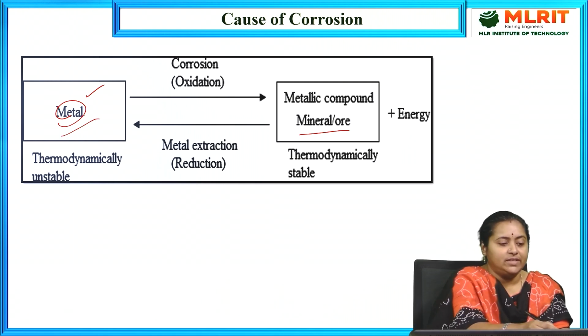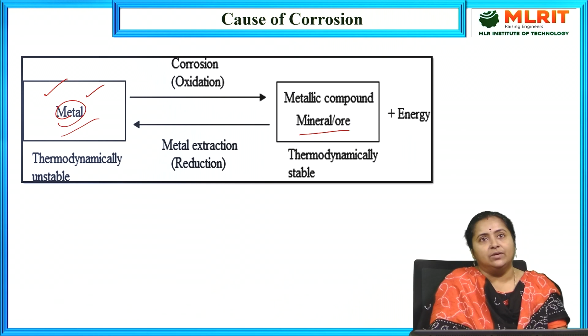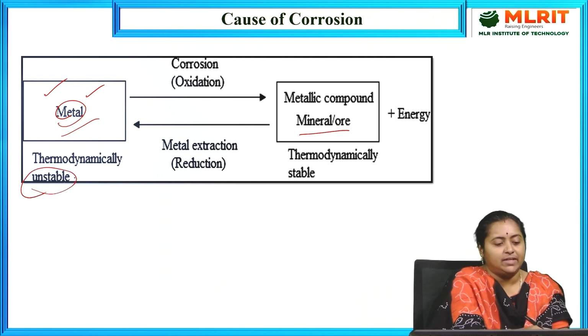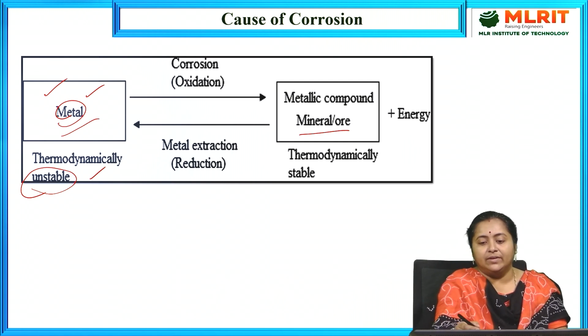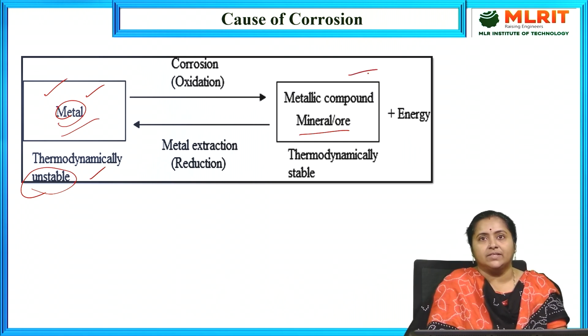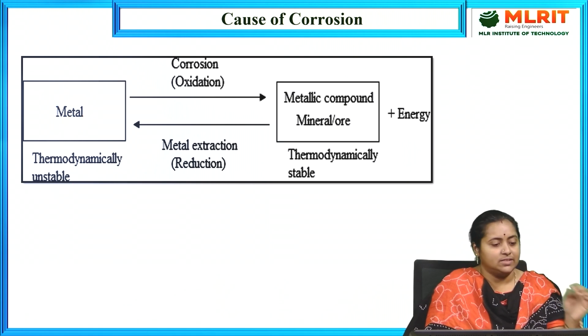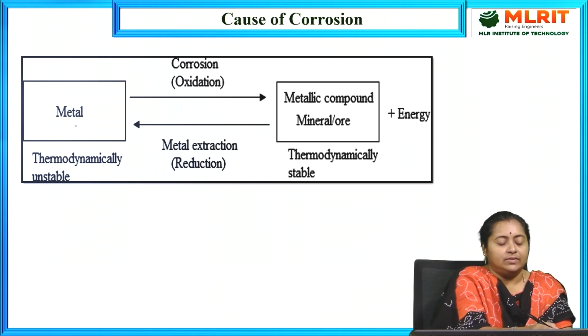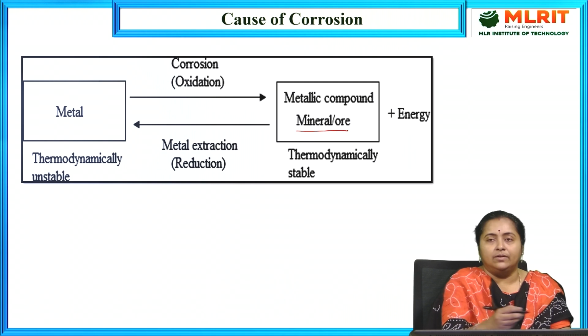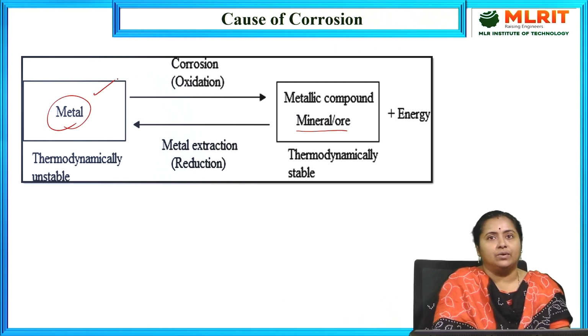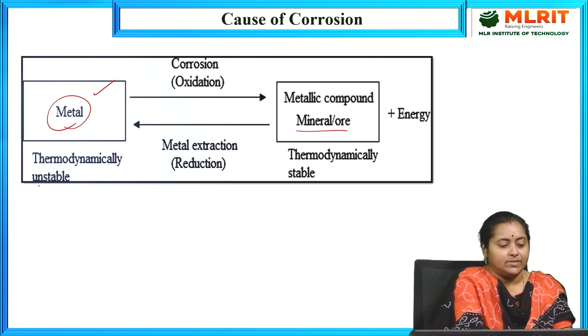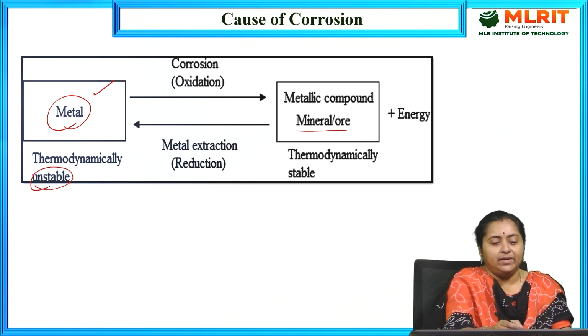Generally these metals have a tendency to revert back to their original form. As these are unstable in nature, they try to come back to their original form and convert into their impure form, like oxide, hydride and sulfide. How does it happen? These impure ores convert into metals, and these metals have a tendency to come back to the original form because they are very unstable in nature, by involving in oxidation.